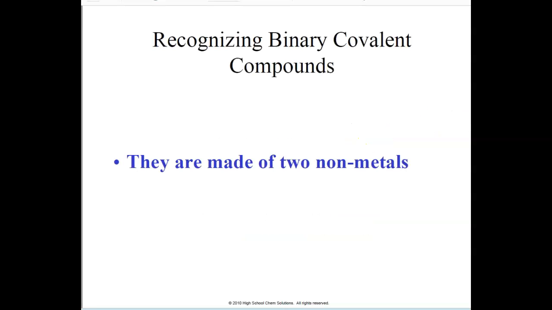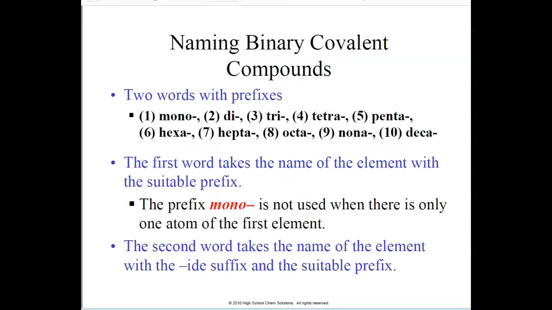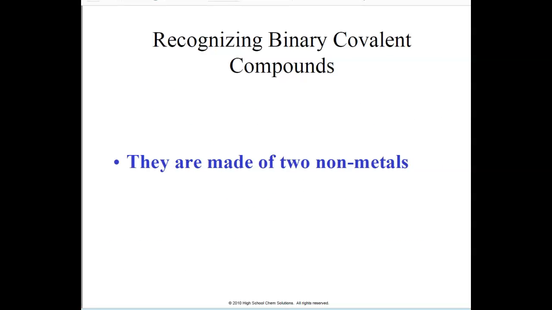I think naming covalent compounds is a very easy task because covalent compounds are made up of two or more nonmetals. So if you're made up of two or more nonmetals, we just go to the periodic table and we hopefully know where the nonmetals are. That's something that's up to you to learn from the video I made on the periodic table.